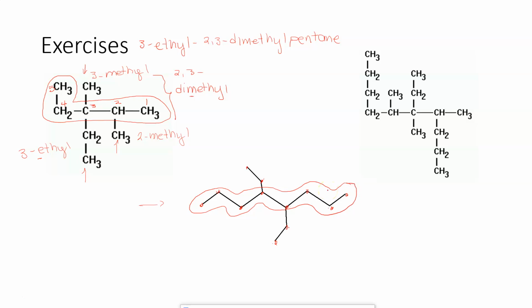Okay? Once again, we have to add numbers to my carbons, starting by the carbon that produces the smallest number for the substituent. So if I start from here, it is 1, 2, 3, 4. The first substituent is in carbon 4. If I start from here, it is 1, 2, 3, 4. Same thing, right? So it doesn't really matter.